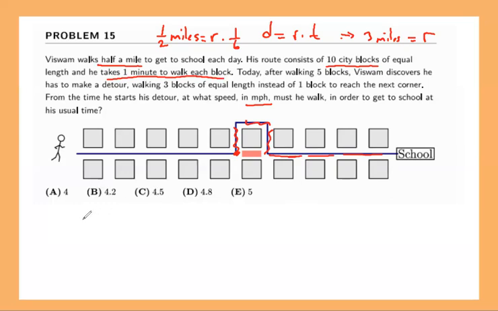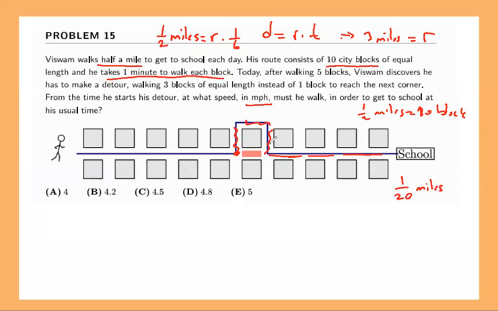But now, let's think about the distance for the remaining part. 1/2 mile is equal to 10 blocks. So if 10 blocks is 1/2, if you divide by 10, you will get 1/20. 1/20 miles is just 1 block, okay?